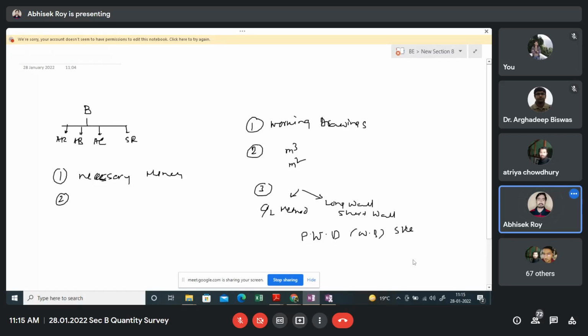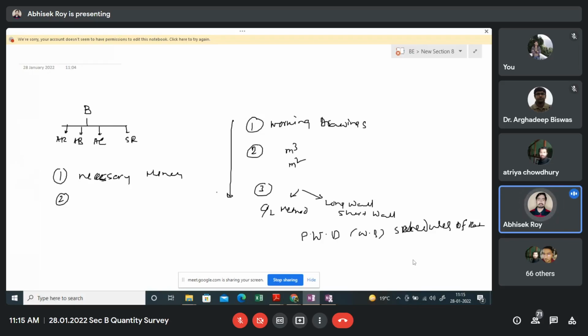Okay. So once you have calculated all the quantities, then you can multiply those quantities by these rates to get the actual cost of the project. So you will get that once you follow this pathway. So after that, obviously we can calculate the total amount of cost which we require.